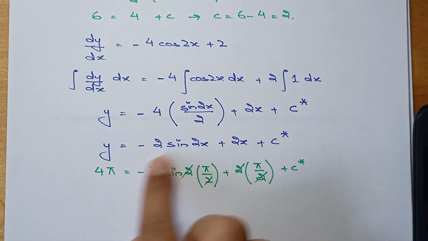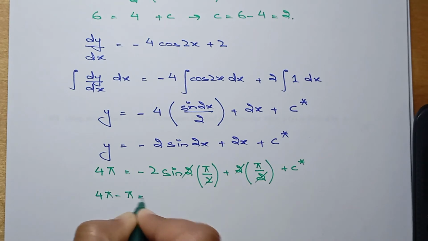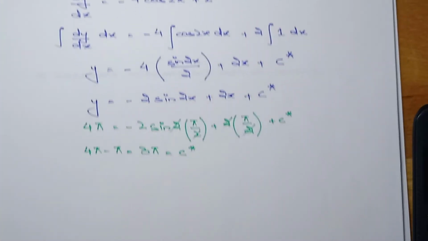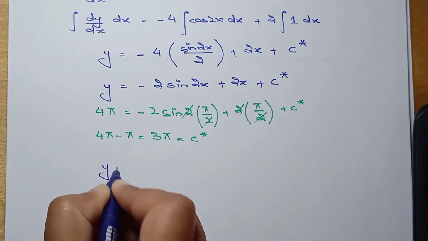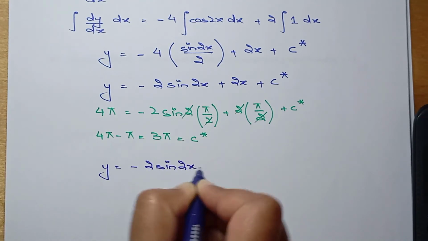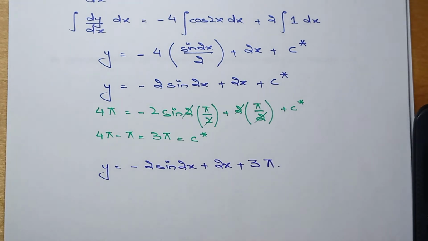So this term is 0 and we're just left with pi, and from here we get c star as 4 pi minus pi. This is 3 pi. This is the value for c star. Right. Now the equation of the curve is y equals minus 2 sine 2x plus 2x plus 3 pi. That is the equation of the curve.